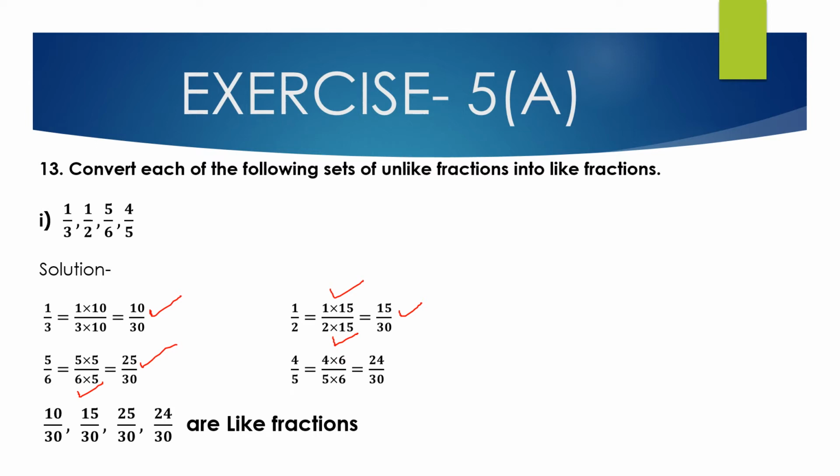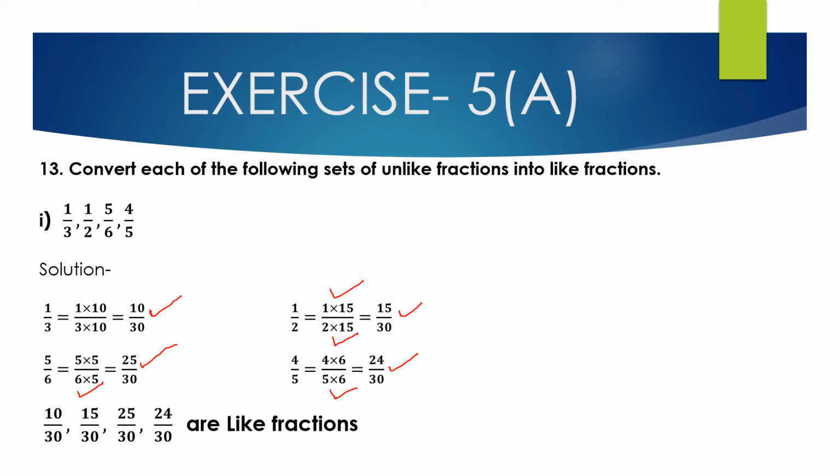So multiply 6 with the numerator 4 and multiply 6 with the denominator 5. So we get 4 multiplied with 6 divided by 5 multiplied with 6, equal to 4 multiplied with 6 is 24 and 5 multiplied with 6 is 30. So we get 24 divided by 30, and 24 divided by 30 is the equivalent fraction of 4 divided by 5.